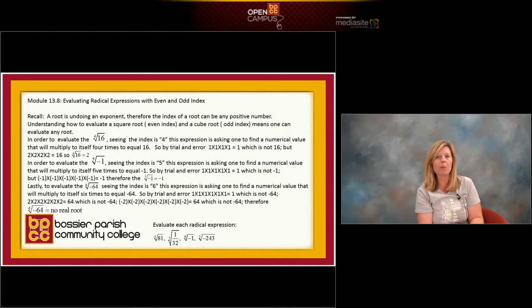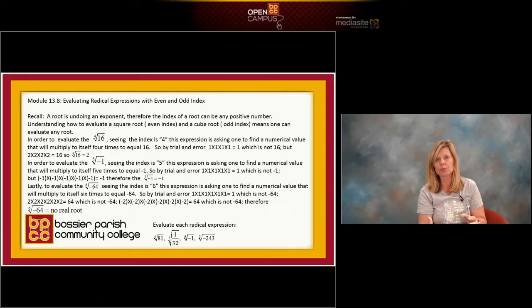So if we look at our PowerPoint, the first root I want to evaluate today is the fourth root of 16. So our index is a 4. And what that means is that we're trying to think of a number that, if we multiply it 4 times to itself, would give us 16. Now, unlike when we did square roots and cube roots and I made you memorize a list of numbers, we're not going to memorize a list of numbers for every single root.